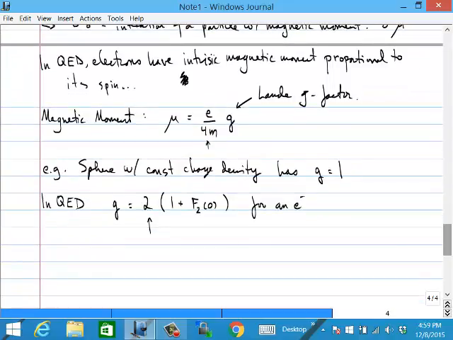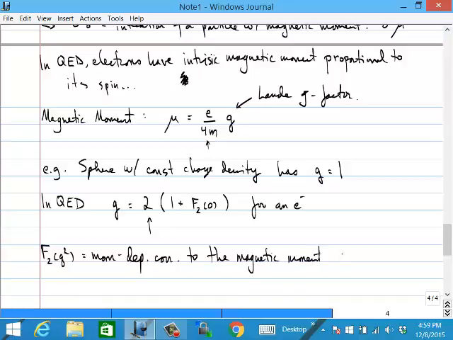Whereas F1 described some sort of momentum-dependent correction to the electric charge, F2 now has a natural physical interpretation. It is the momentum-dependent correction to the anomalous magnetic moment, or to the magnetic moment of the electron.